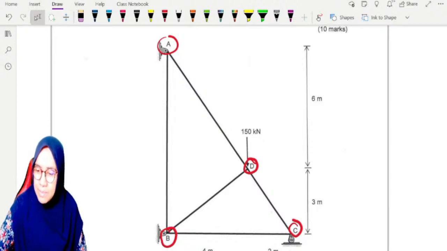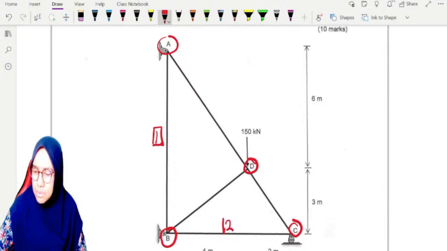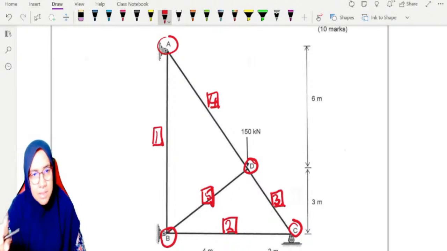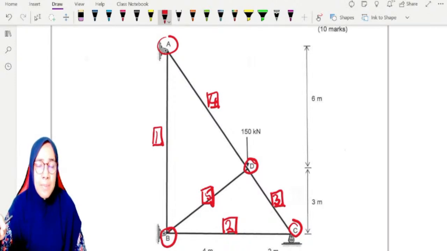We have element number 1, element number 2, element number 3, element number 4, and element number 5. Node number in circle, element number in box.